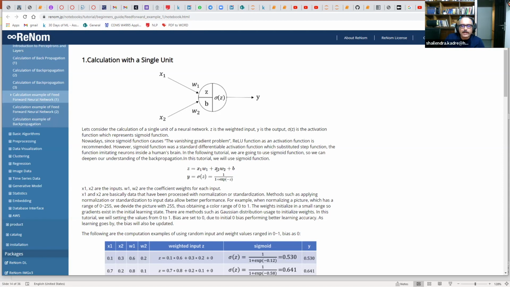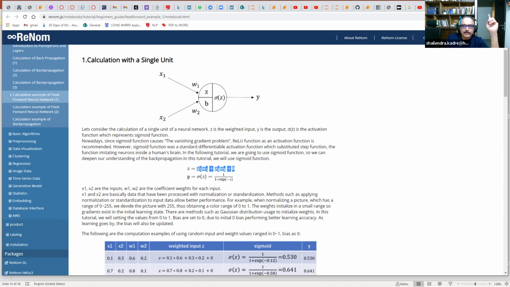Now we apply an activation function. Here we are applying a sigmoid, so we choose sigmoid as our activation function. Z is this equation. Sigmoid means 1 over 1 plus e to the power minus Z. This is the sigmoid function of logistic regression.